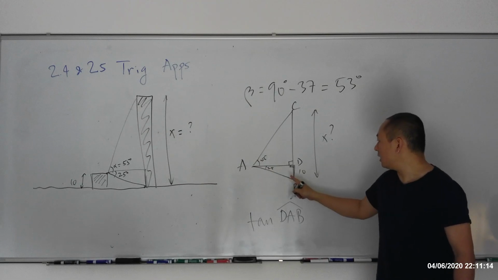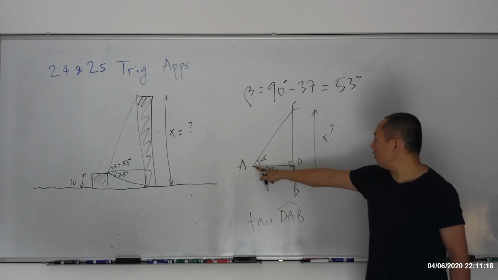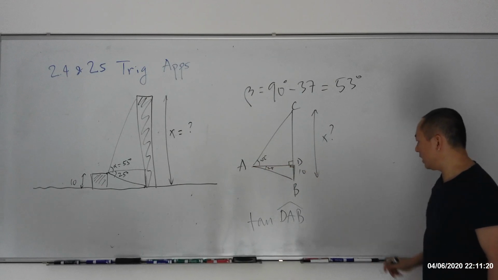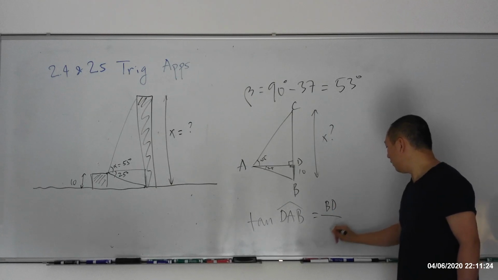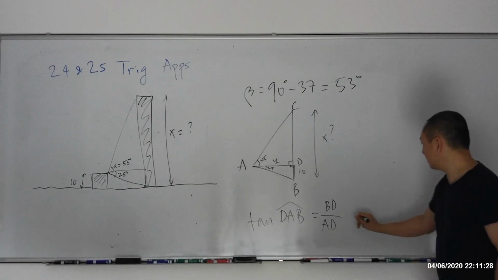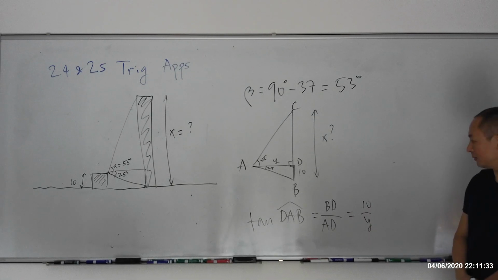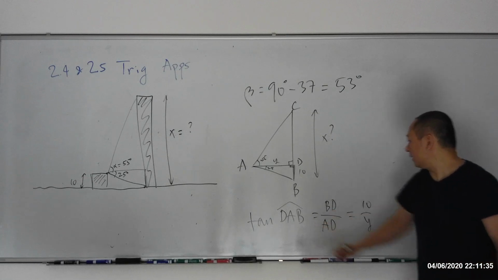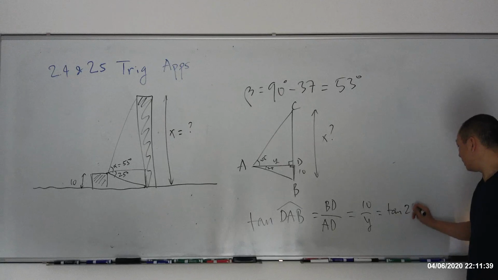Tangent of this angle is opposite over adjacent, so it's going to be BD over AD. Let's call this one little y, to make it easy to write. So this is 10 over y, and this angle I know is 25 degrees, so this is tangent of 25 degrees.